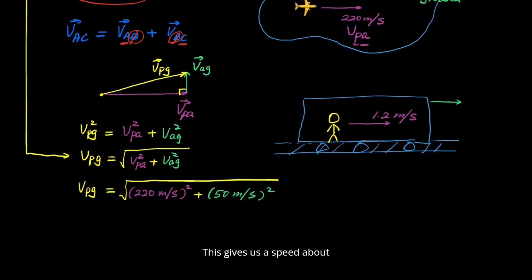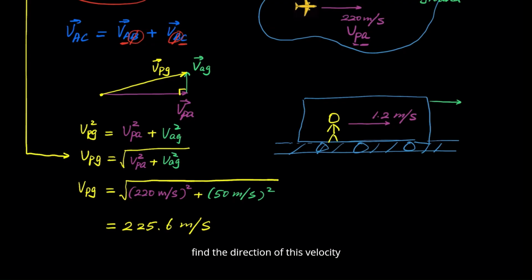This gives us a speed of about 225.6 meters per second. And this is the speed for the plane relative to the ground. That's a little bit faster than its air velocity, right? Which makes sense because the wind is also pushing it along.